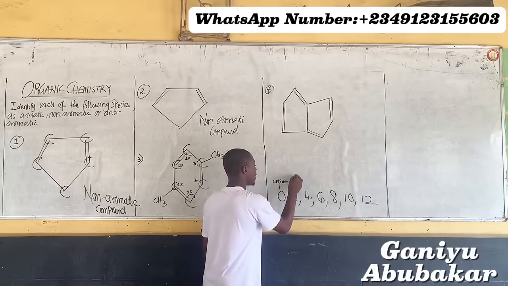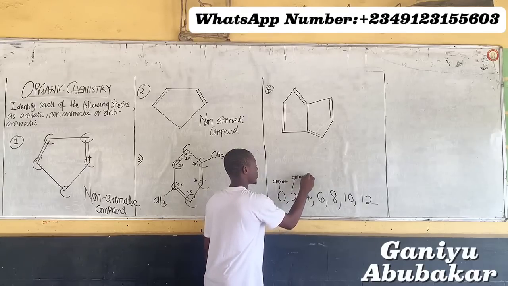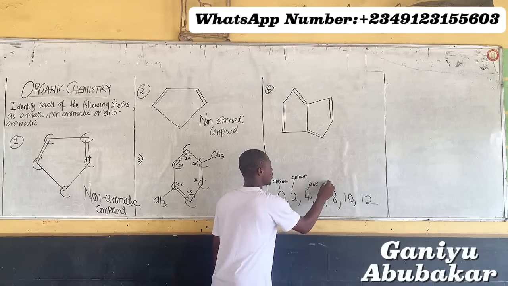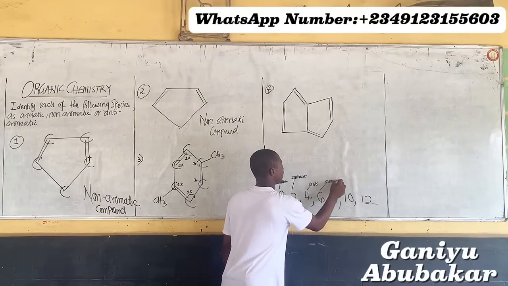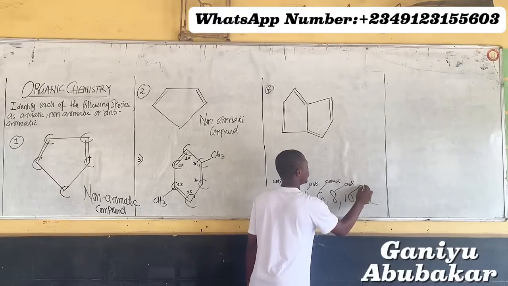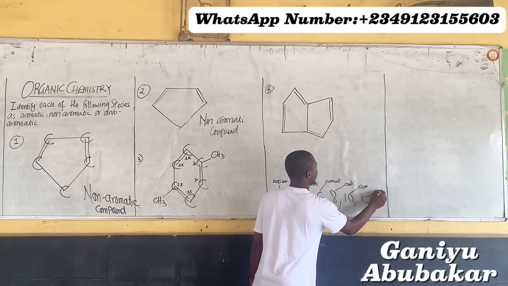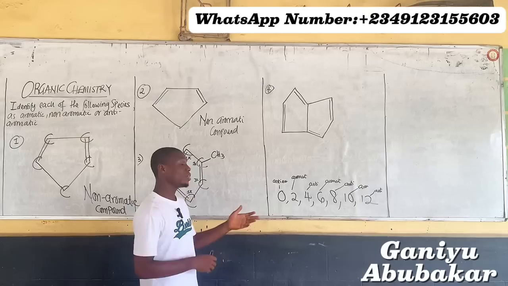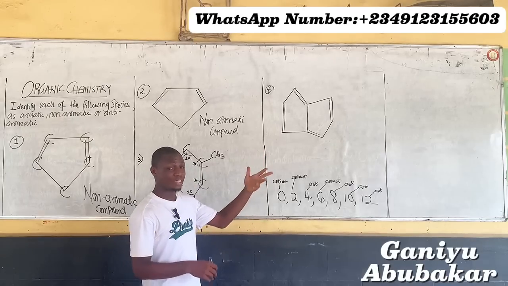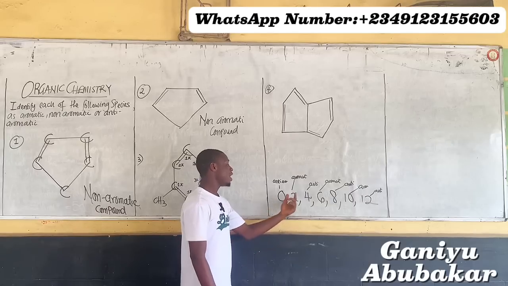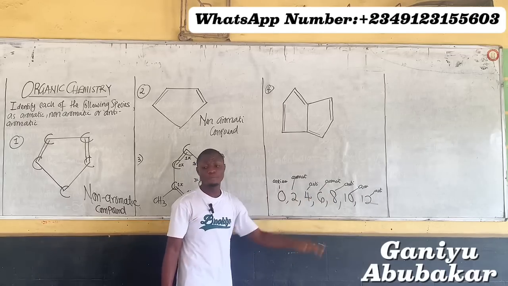This is aromatic. This is anti-aromatic. This is aromatic. This is anti-aromatic. This aromatic. This anti. That's how it works, please. So I'll not stress myself bringing out 4n plus 2 and 4n. Just check here. This 0 is anti-aromatic.